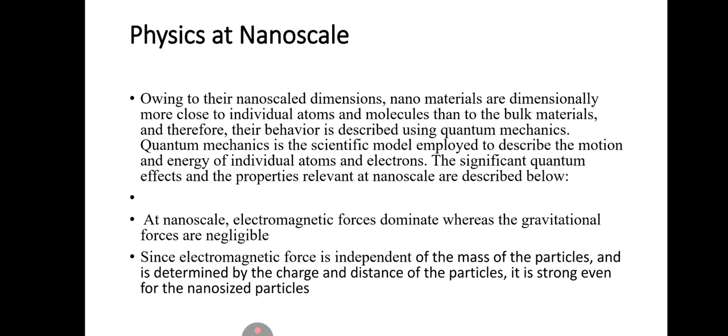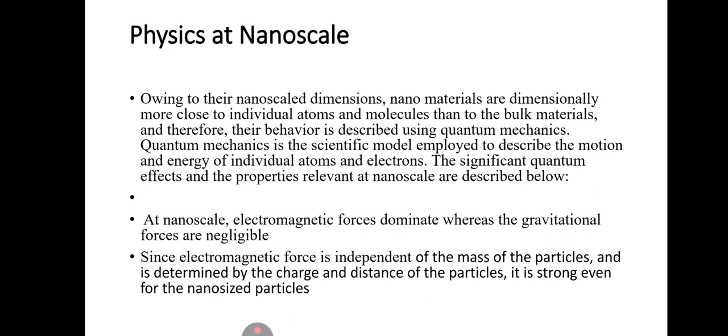Physics at nanoscale. Owing to the nanoscale dimension, nanomaterials are dimensionally closer to individual atoms and molecules than to bulk materials. Quantum mechanics is a significant model employed to describe the motion and the energy of individual atoms and electrons.